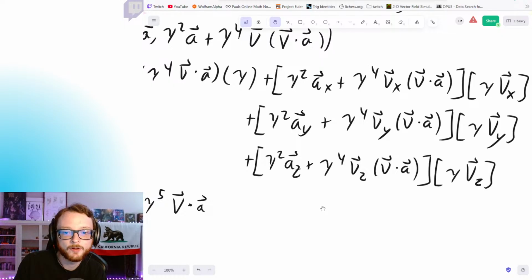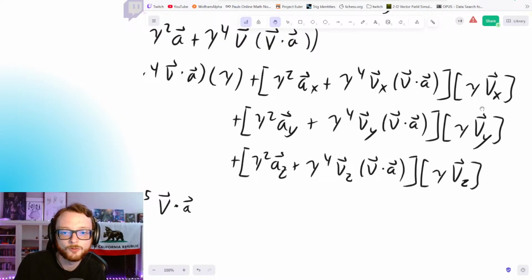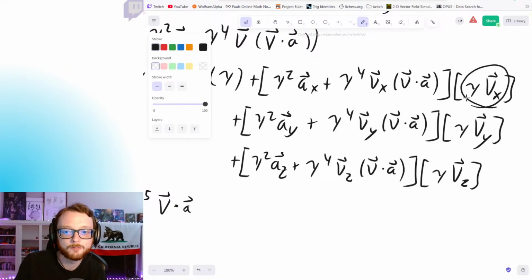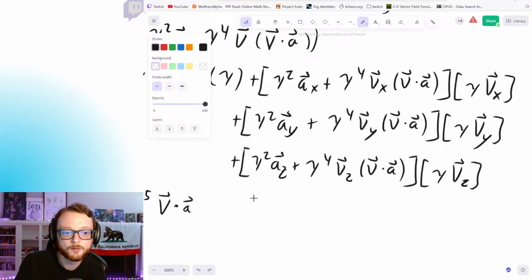I think I'm seeing a v dot a though, because we're gonna get gamma cubed, but we're gonna have a vx times ax plus vy ay plus vz az. So I'm gonna make that plus gamma cubed. I guess that's a dot v, but if you reverse the dot product, I think it doesn't matter. So I'm going to write it as v dot a to make it the same order as the other one.